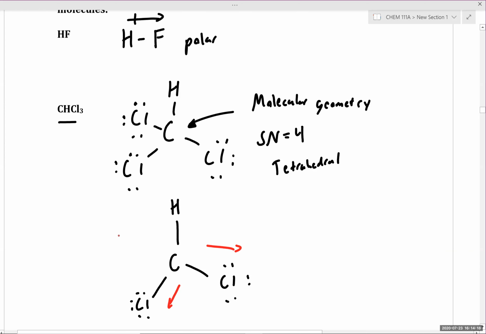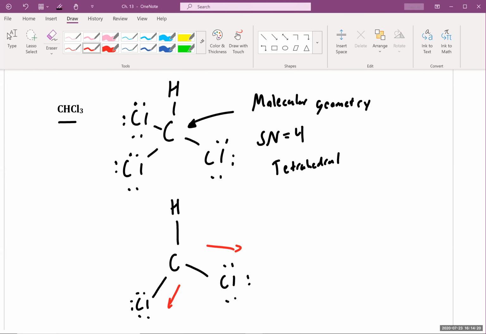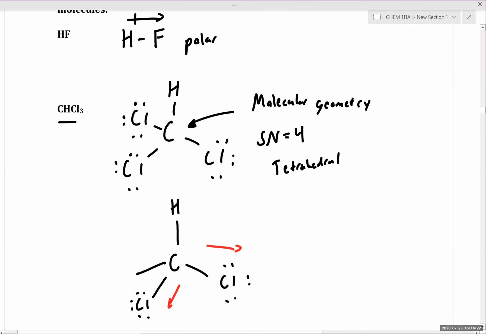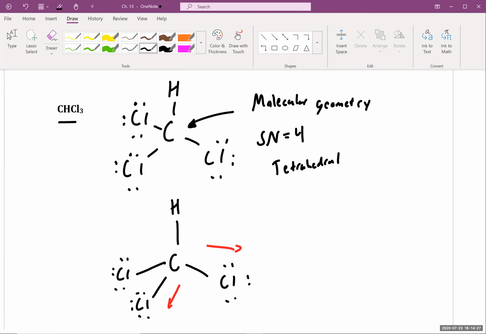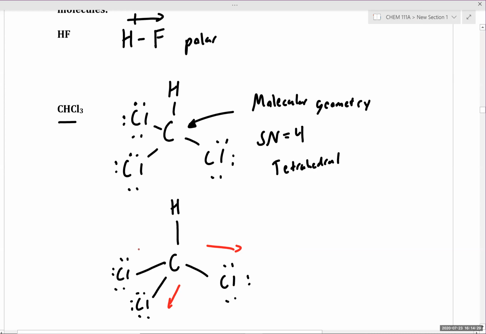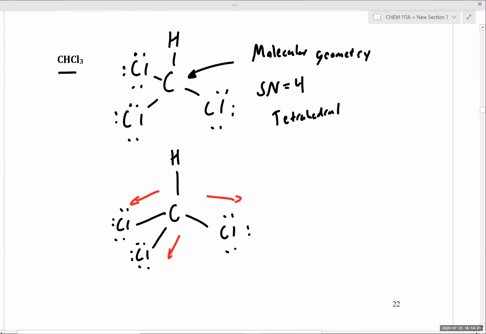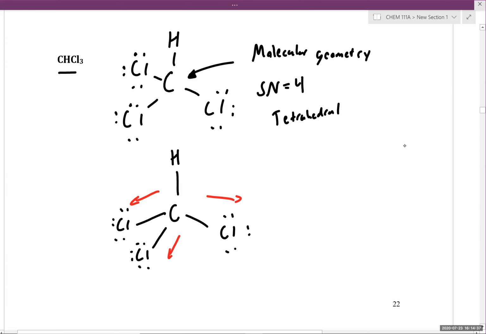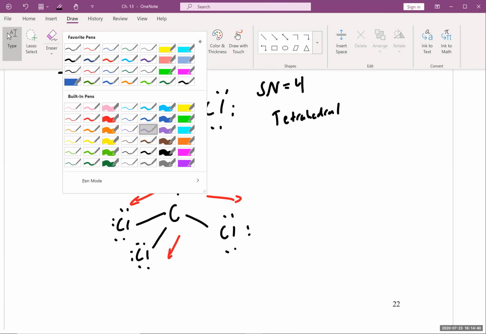Let me angle this a little bit differently to make it very easy to see what's going on. Looking at this molecule, where are all of our dipole arrows pointing? Are they pointing up or down?